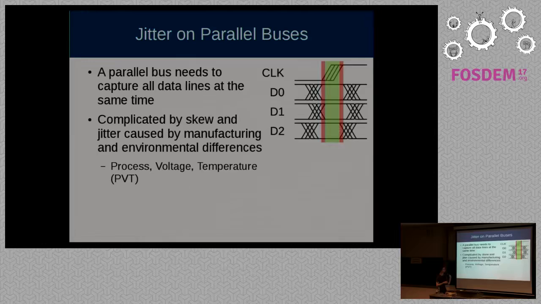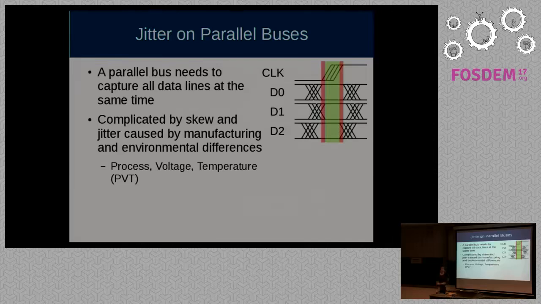They will change with process, voltage, and temperature. And voltage here doesn't mean that at 1.8 and 3.3 volts you get different propagation delays. It means that your power supply, which has an uncertainty of plus or minus 10%, even though it's set up for the same nominal voltage, will introduce different skews and delays here.